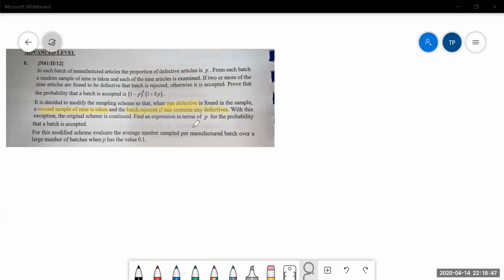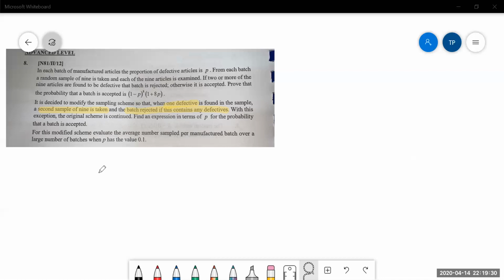What does this mean? When one defective is found, a second sample of 9 is taken. Out of the 7 that is defective, you take a second sample. What is the batch rejected if this contains any defectives? Sorry, hold on.